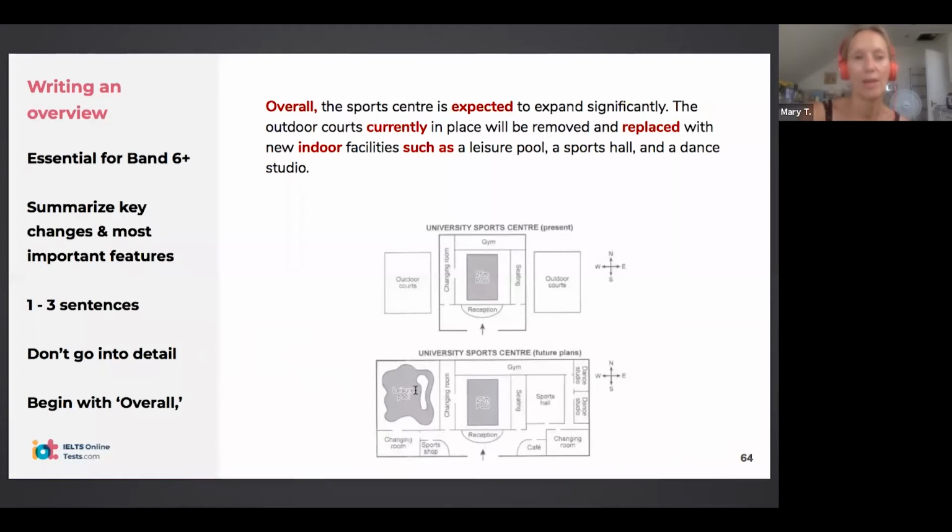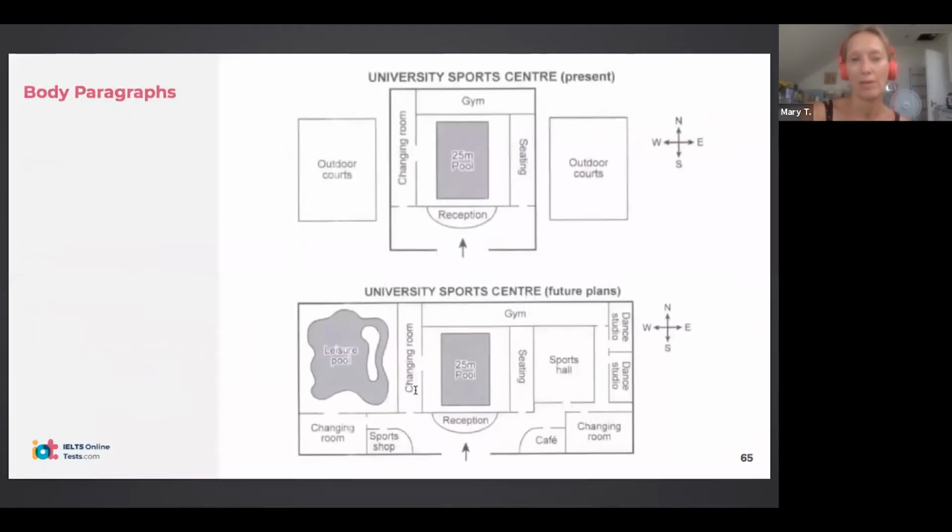Okay, so that was the overview. So now moving on to body paragraphs. It's important that you group details together to make a logical flow. So to make a logical flow, what's another word for that? What are you trying to achieve? Beginning with C. Coherence, good. Yeah, so that is one of the criteria, coherence and cohesion.